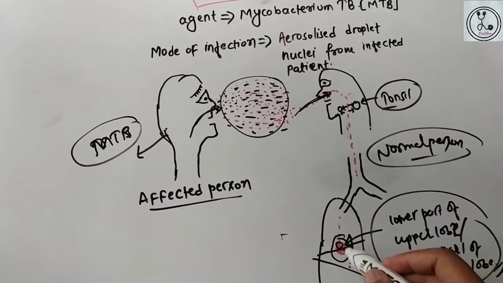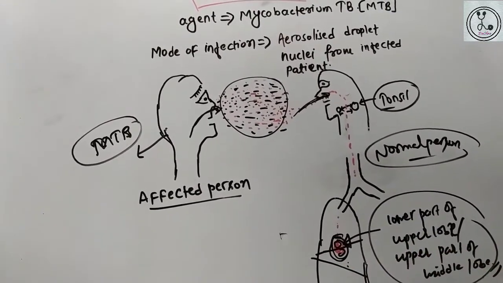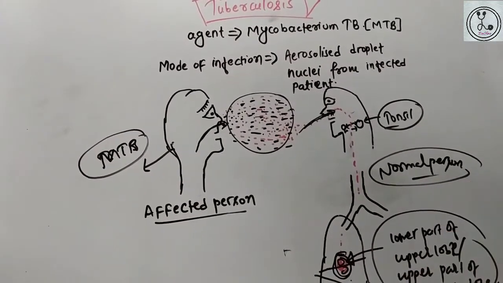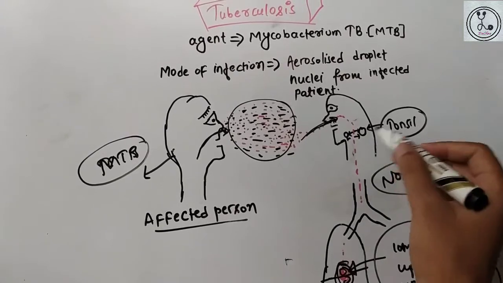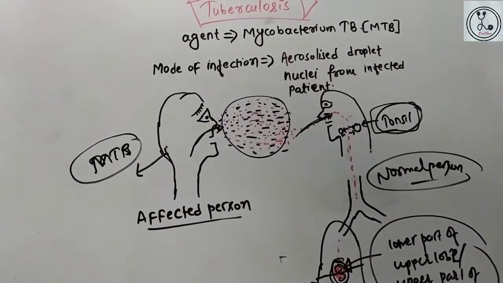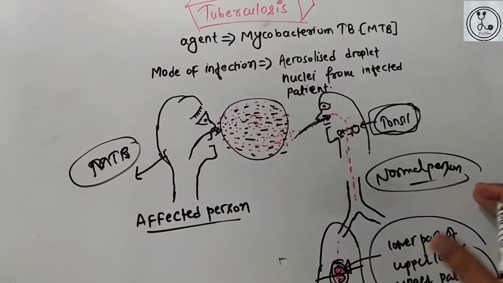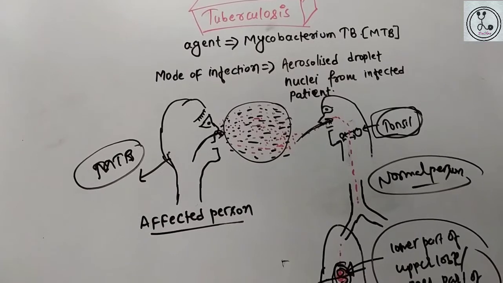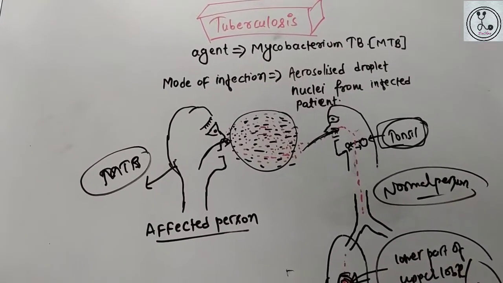So in this area, the bacteria can get lodged in the lungs primarily, and in the oral cavity, it will lodge in the tonsil. In some patients, the bacteria can lodge in the tonsil, in some patients in the given area in the lungs, and in some patients in both places.